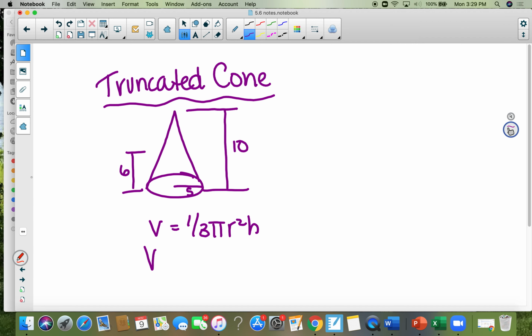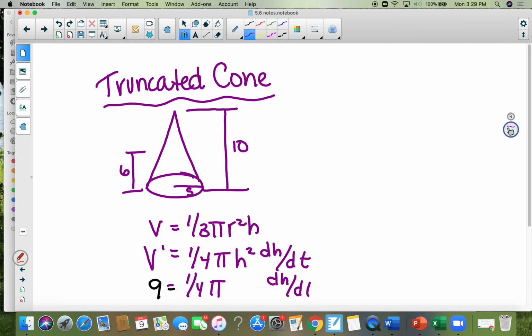Then we found V prime, changed it in terms of r, and found dV/dt was 1/4 pi h squared dh/dt, right? The volume was 9, and we're trying to find dh/dt.